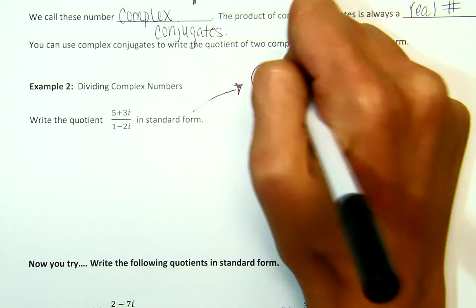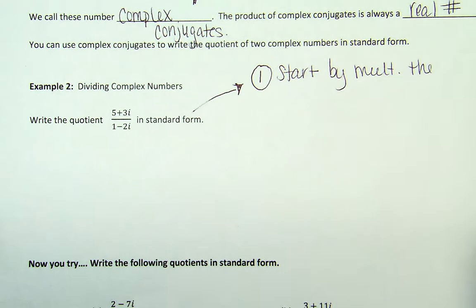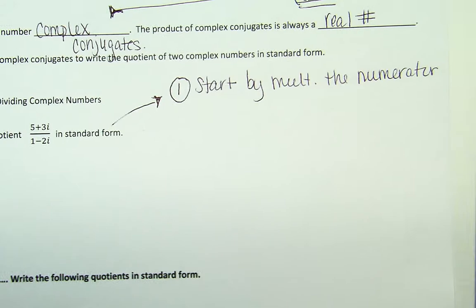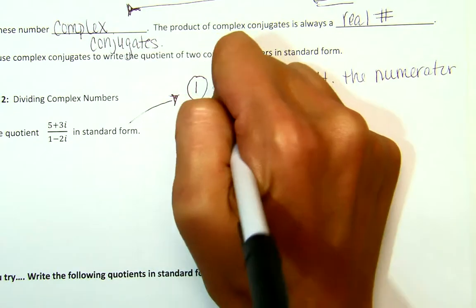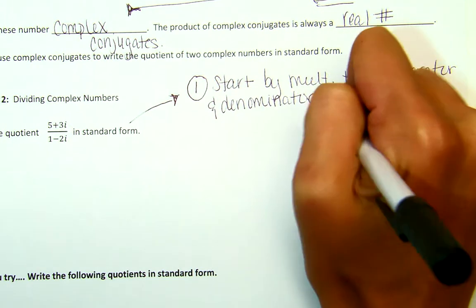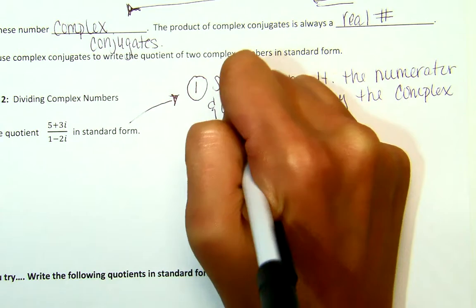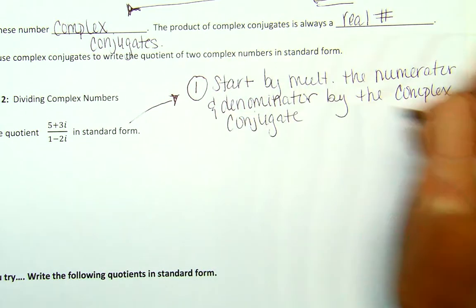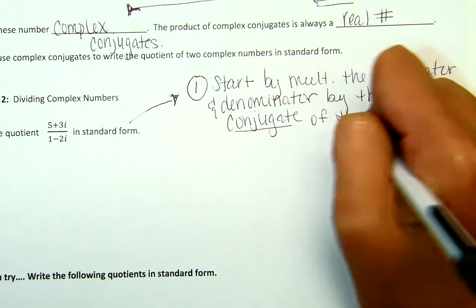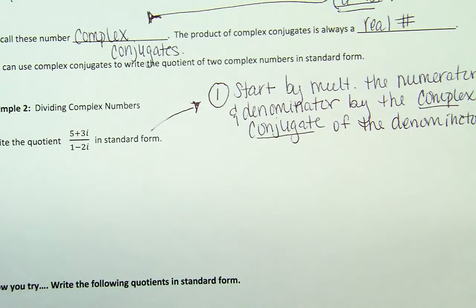So we're going to start by multiplying the numerator and your denominator by the complex conjugate of your original denominator. Okay, so that's the first step.